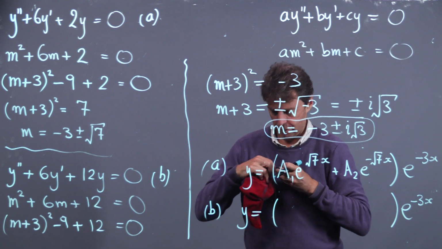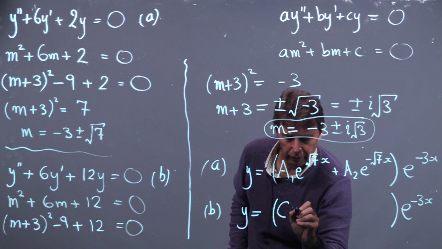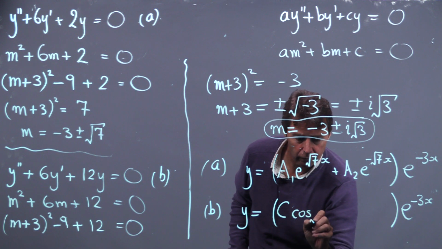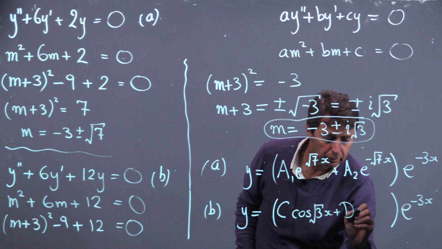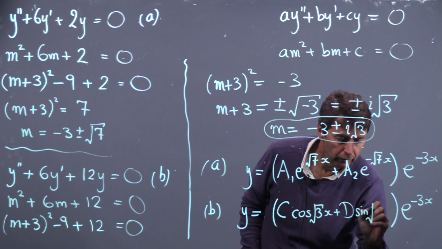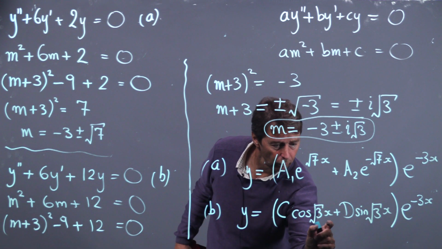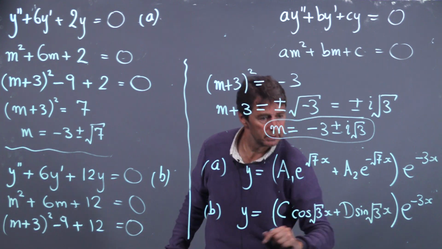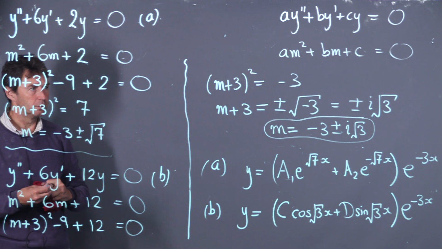With the sines and cosines, I get arbitrary constant c, cosine of root 3 x, plus d, arbitrary constant, sine of root 3 x. And that whole thing is multiplied by the exponential.